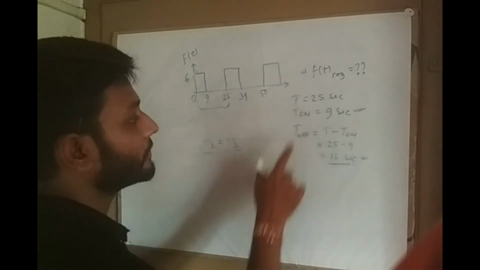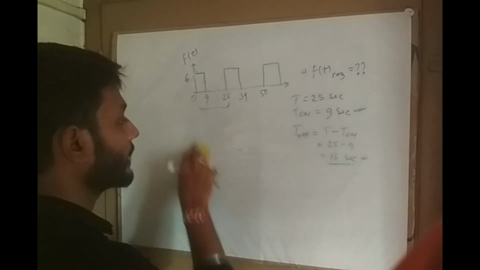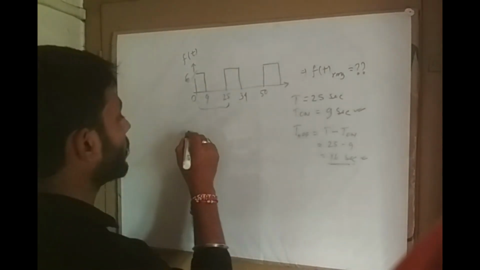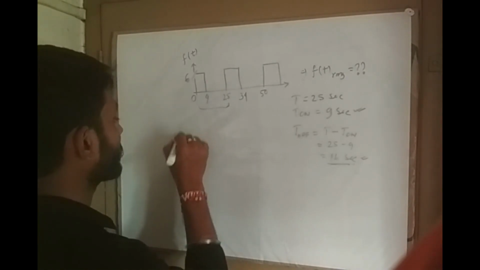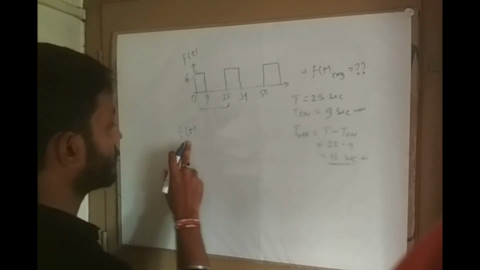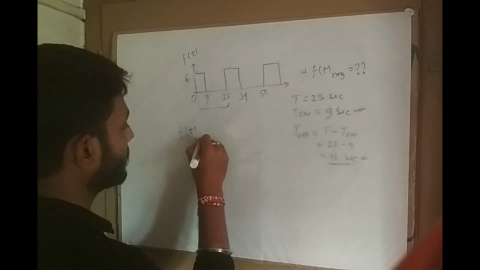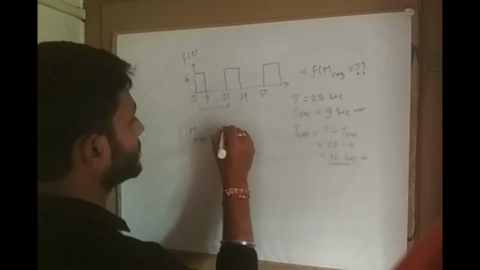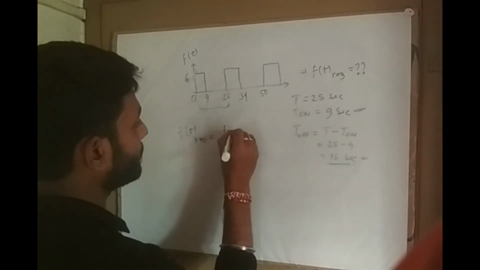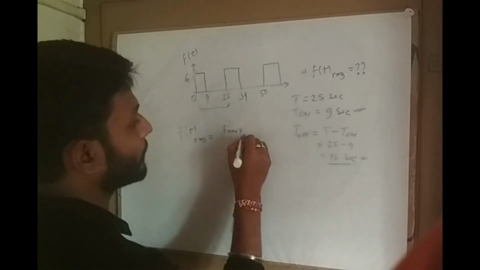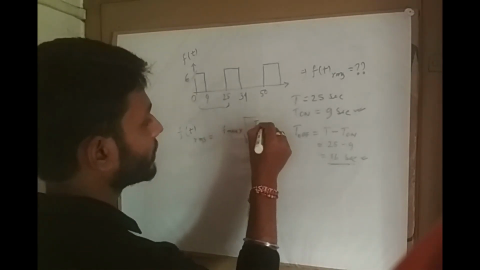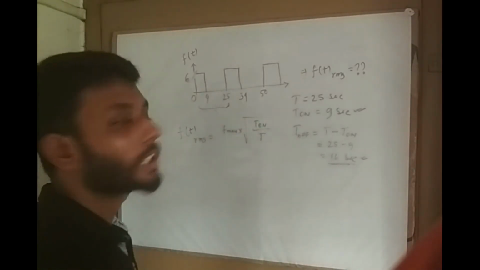For this type of signal, we also have a shortcut method. The RMS value of f of t will be equal to the maximum value, f maximum, multiplied by root over of T on divided by total time period.